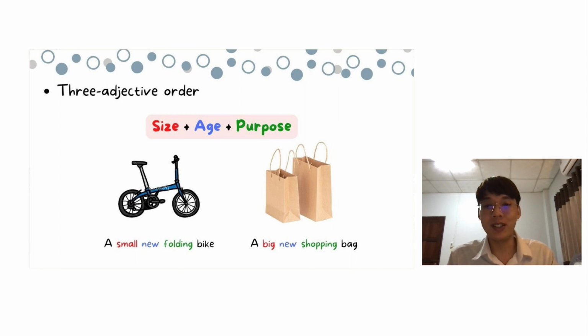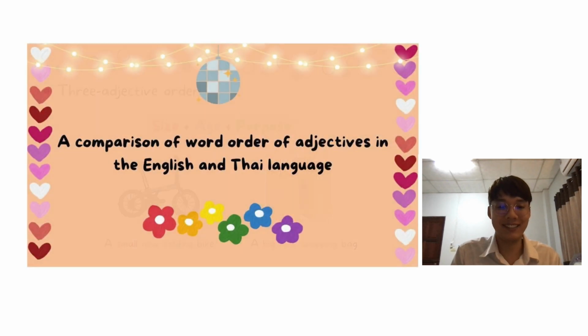So, the words small and big both describe size, and the word new describes age, and the words folding and shopping both describe purpose. Well, do you have any question about the last group? Then, let's move on to the next interesting topic.